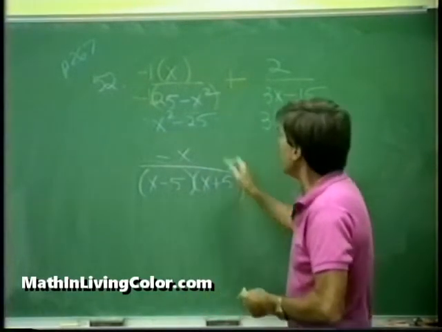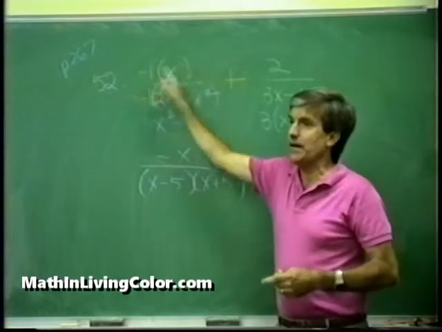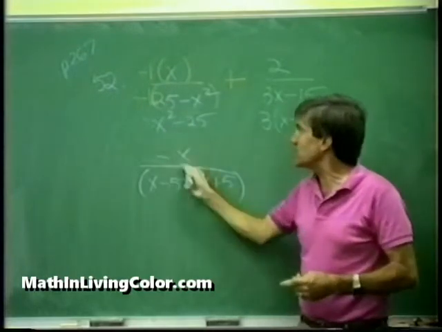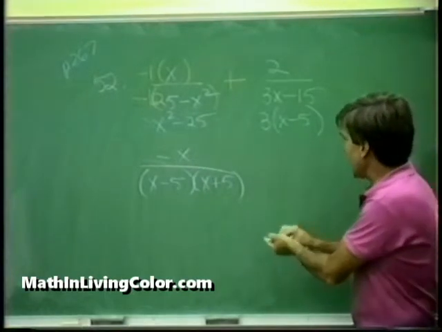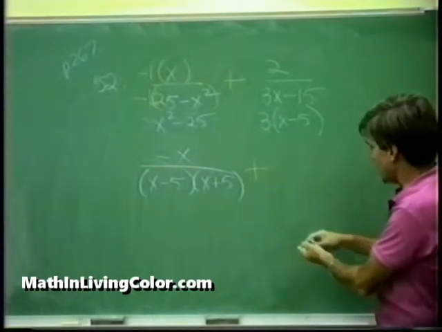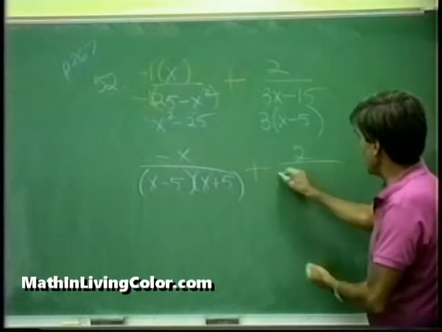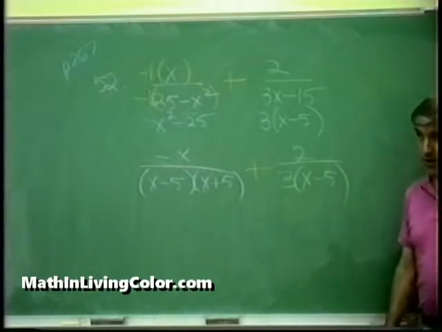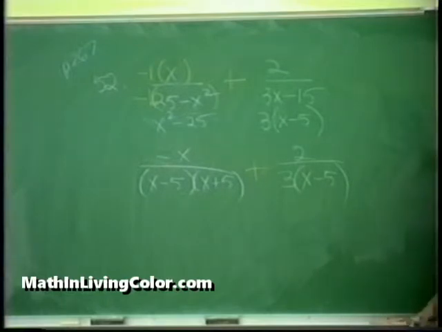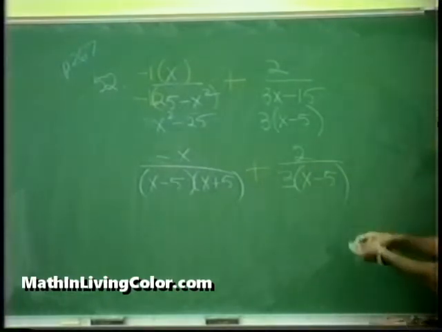You see what I did? By multiplying the numerator and denominator by negative 1, I get negative x divided by x minus 5 times x plus 5. And then I've got this plus the second fraction, which is 2 divided by 3 times x minus 5. What would be the common denominator now? The common denominator now, what do you have to have in the LCD?